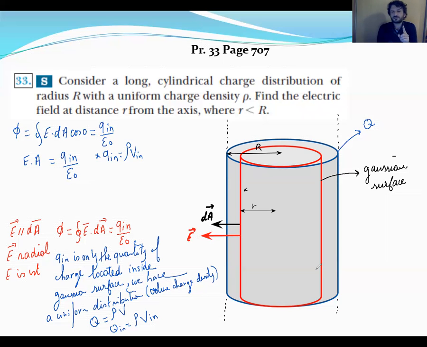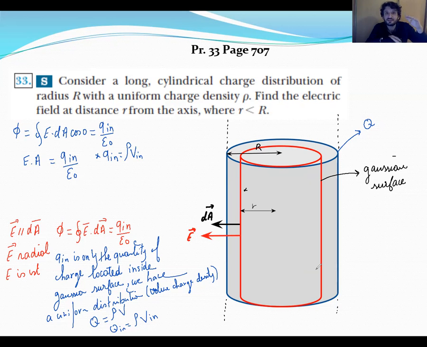Be careful, the length of the red cylinder is not equal to the length of the blue cylinder. The blue cylinder is long, but the red one is a Gaussian surface.